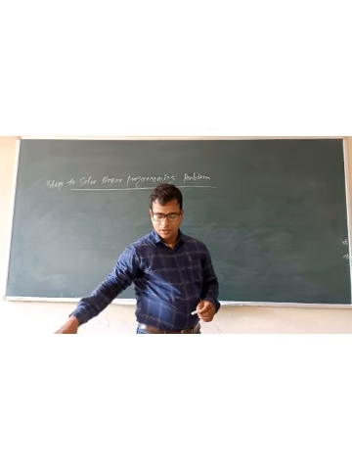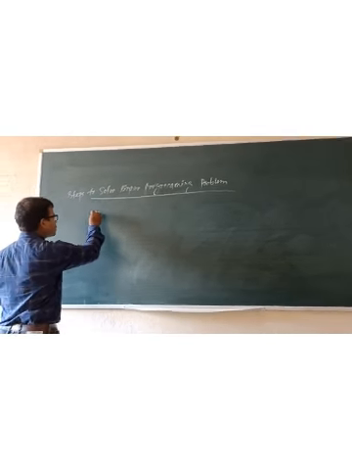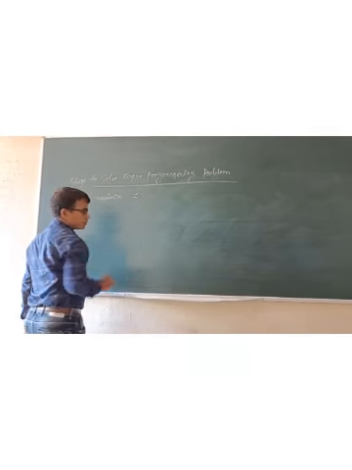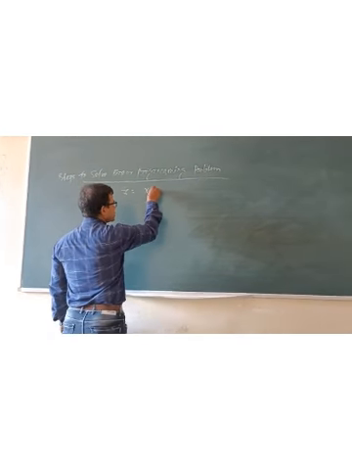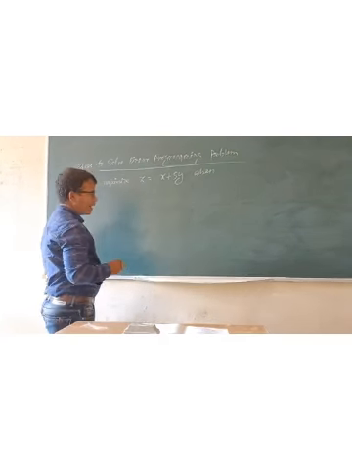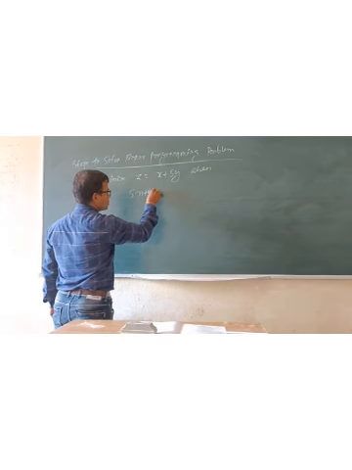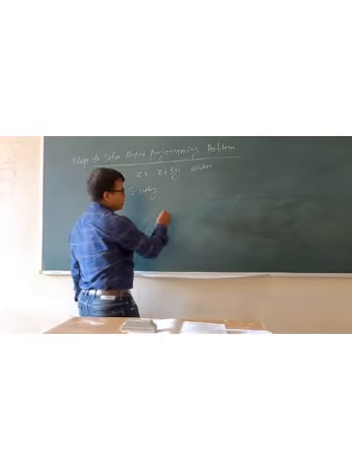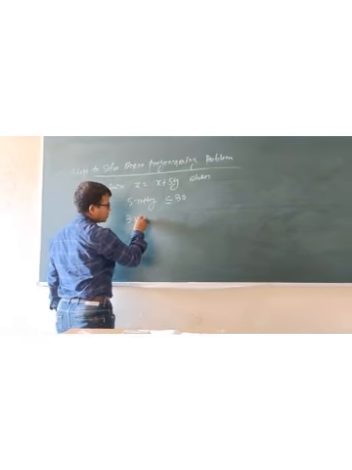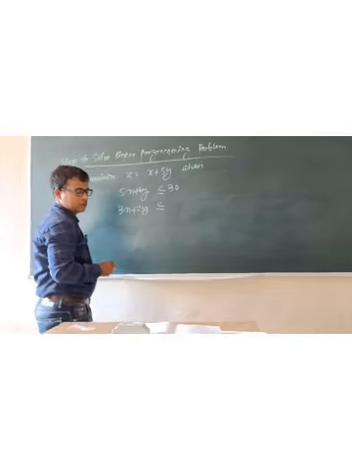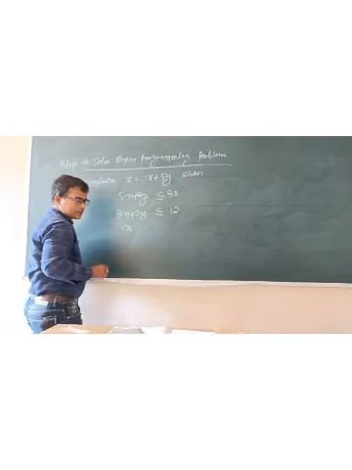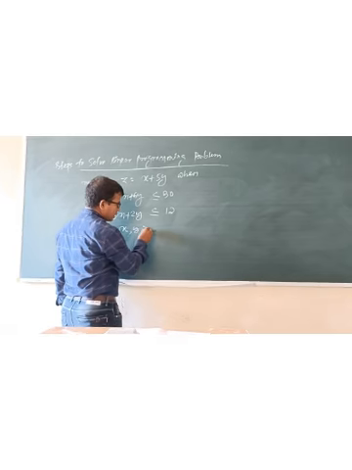Maximize z equals x plus 5y square, subject to 5x plus 6y less than or equal to 30, 3x plus 2y less than or equal to 12, and x, y greater than or equal to 0.